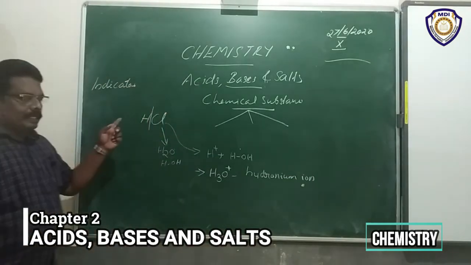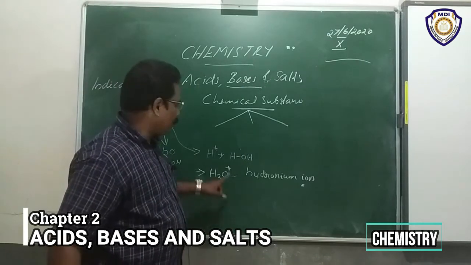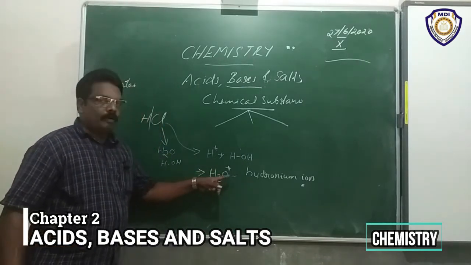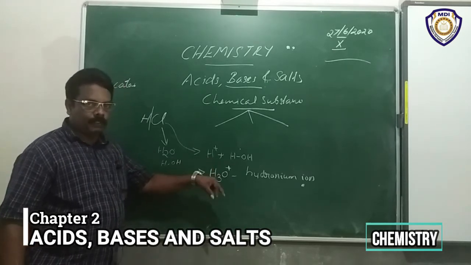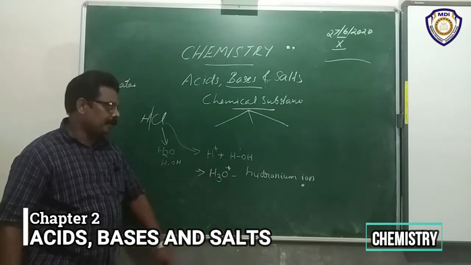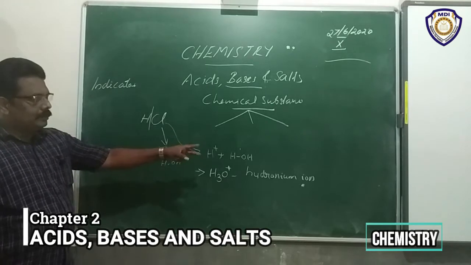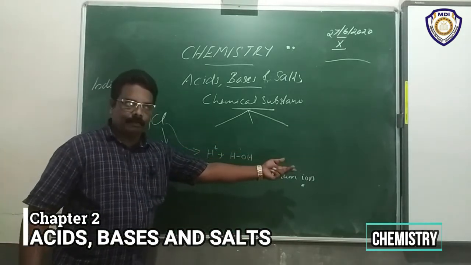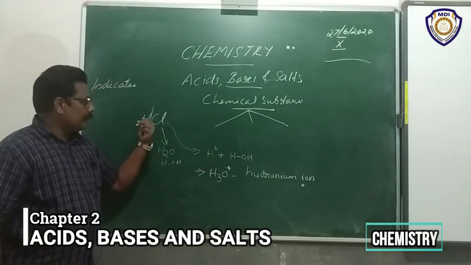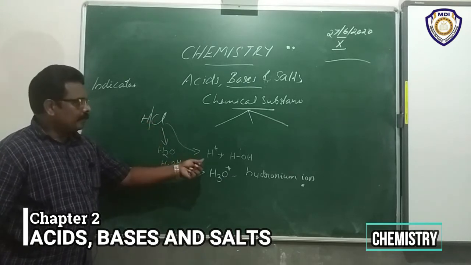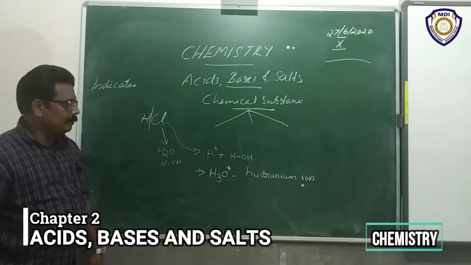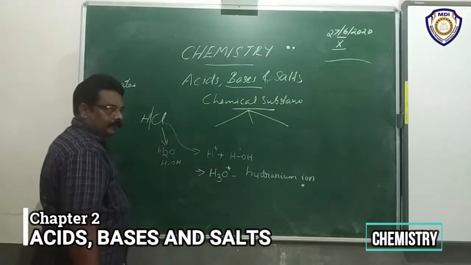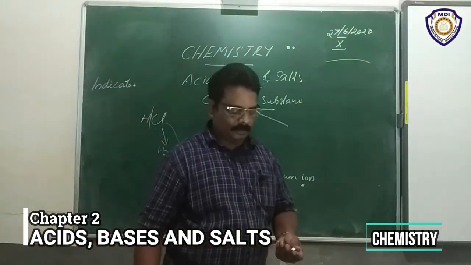So all acids, when they dissolve in water, form H3O plus ions or H plus ions in aqueous medium, that is, in water medium. Similarly, bases form hydroxide ions. This is the general characteristic of acids and bases.